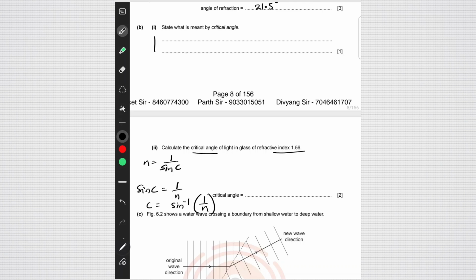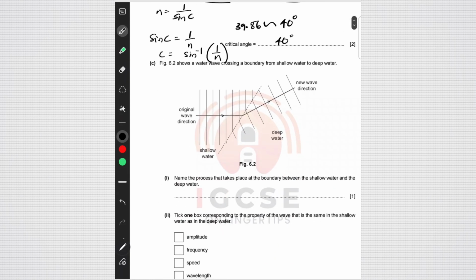So let's find out sine inverse of 1 divided by 1.56. It's 39.86. Write it 39.86, which is almost equal to 40 degrees, the nearest whole number.